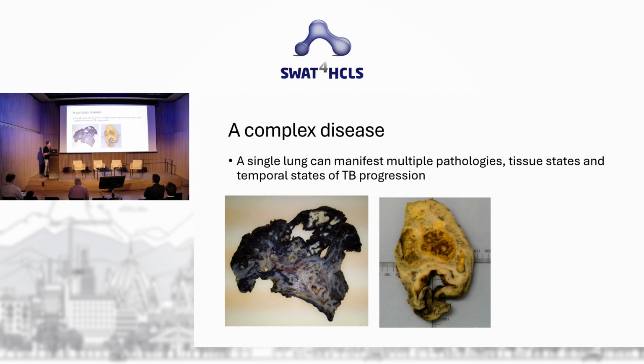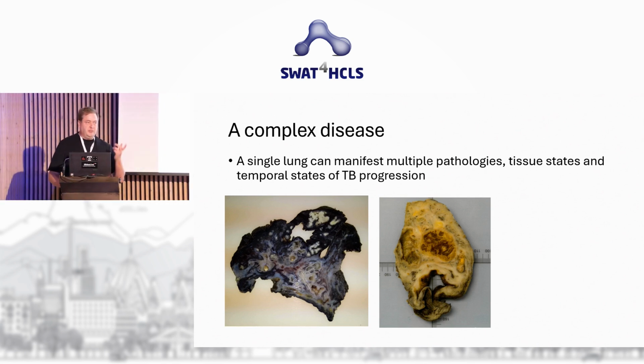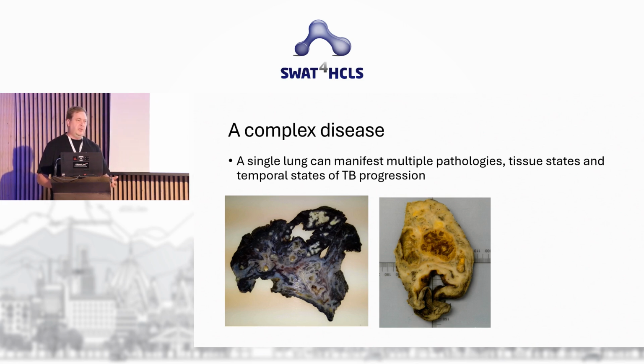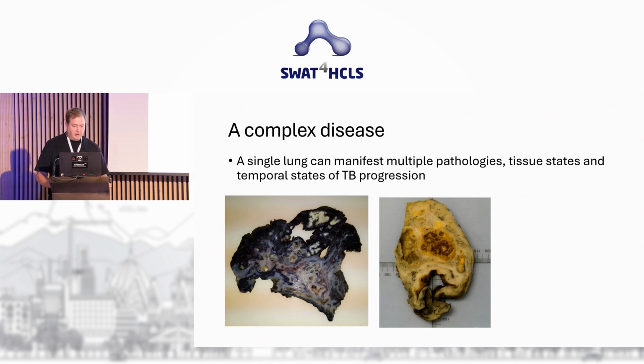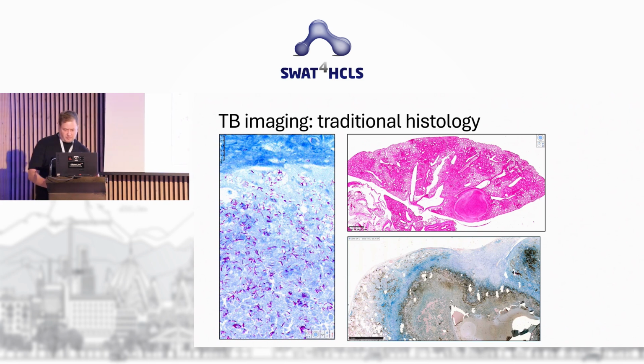That's otherwise called a mycetoma. You can get cavitation, wall thickening. You can also get healthy tissue. And one reason that this is important is that within the same lung, you can see many temporal states of a TB infection. And what we are trying to do is understand better how the TB progresses.